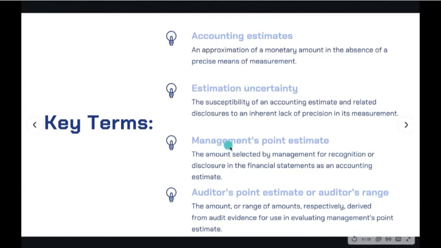Management's point estimate is the amount selected by management for recognition or disclosure in the financial statements as an accounting estimate. And the auditor's point estimate or auditor's range means the amount or range of amounts respectively derived from audit evidence for use in evaluating management's point estimate.